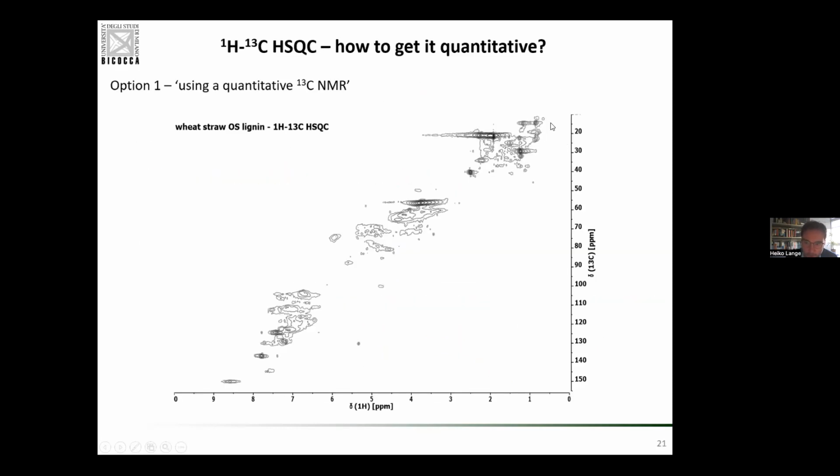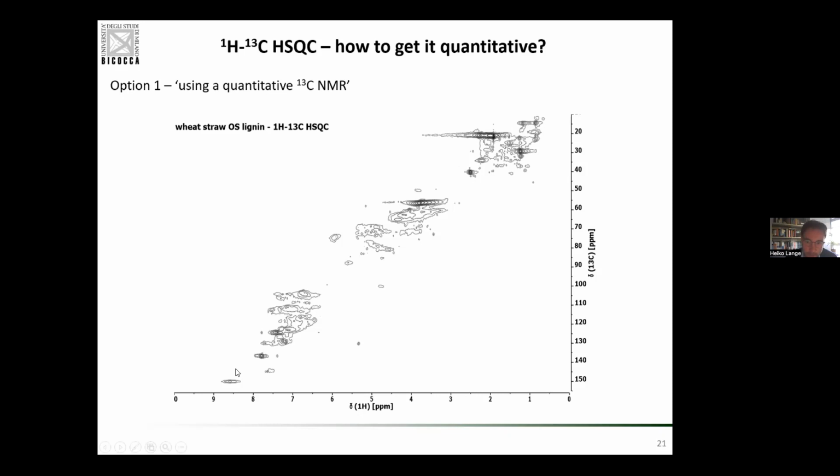Depending on what you want to describe, you can also take all this region here and you have a bigger picture. You always separate, however, the aliphatics from the aromatics, because the aromatics give you a completely different feedback in the HSQC than the aliphatics.